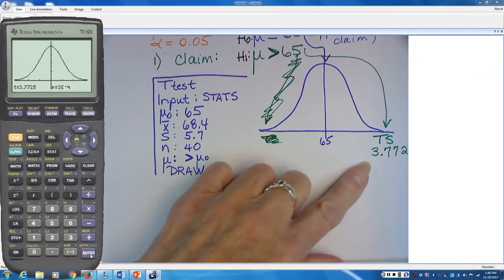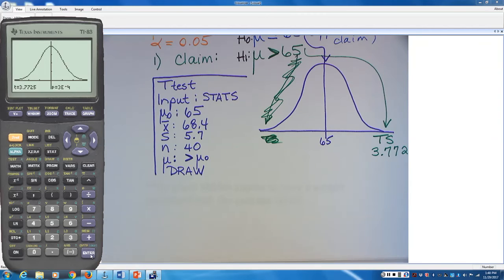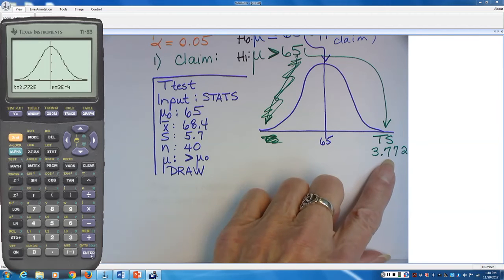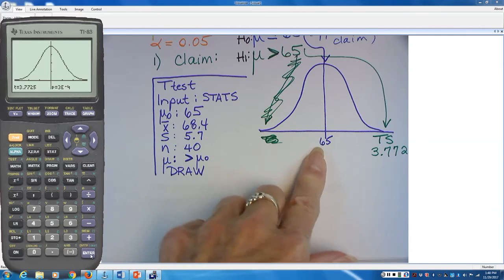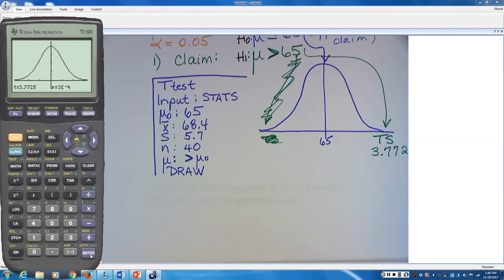Now I want you to think about this for a minute. If you had a value from a random sample that fell 3.7725 standard deviations away from the middle, and you know from the empirical rule way back in chapter 6 that all of your means, for all intents and purposes, should have fallen within 3 standard deviations, what does that tell you about your sample?